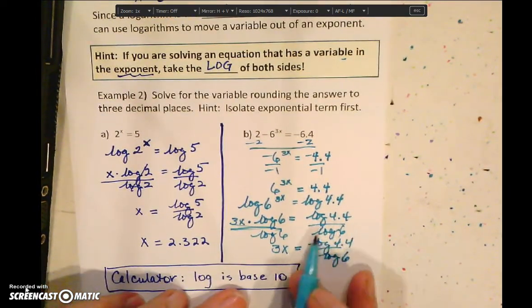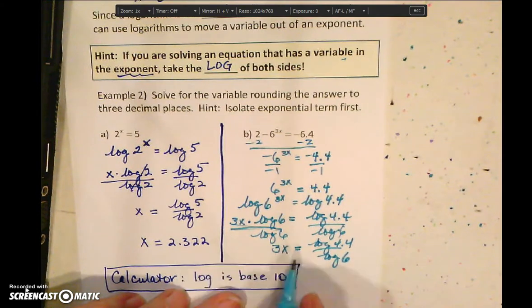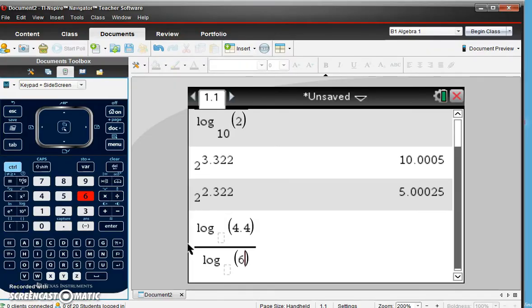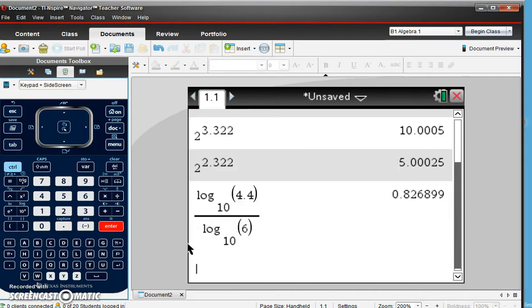All right, so now we're going to go to our calculator, put this in and divide it and get an answer. I'm going to get a decimal answer that looks something like this. Once I get there, I need to divide both sides by 3 to figure out what x equals. Let's do that on our calculators. There we have it, the log of 4.4 divided by the log of 6, and then enter, and I get 0.827, rounding that up.